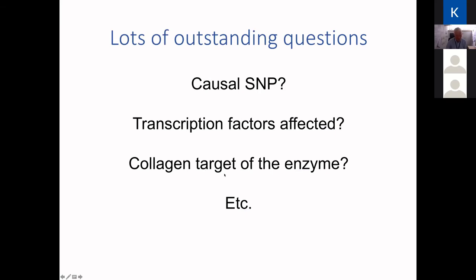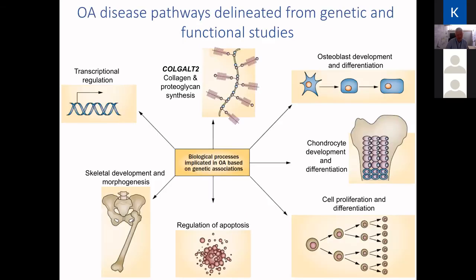We predict it's probably type 2 collagen, the main collagen in cartilage, but we don't have any evidence for that yet. So there's still lots of work to be undertaken on this, but these molecular genetic studies enable you to transition from a GWAS signal through to function and to get a clearer understanding of what could be going on in a particular locus.